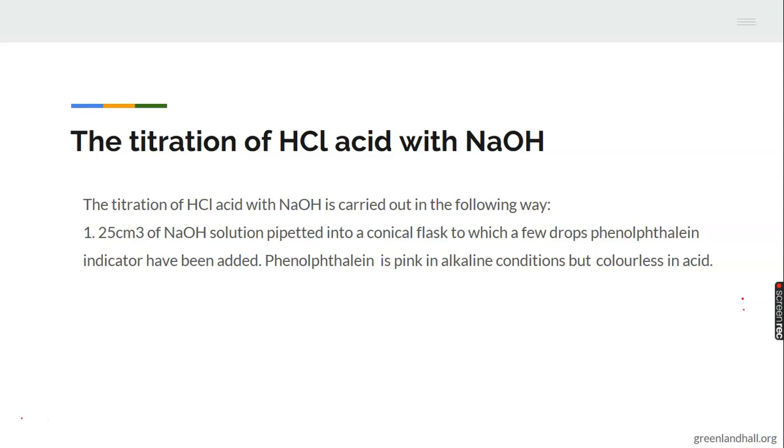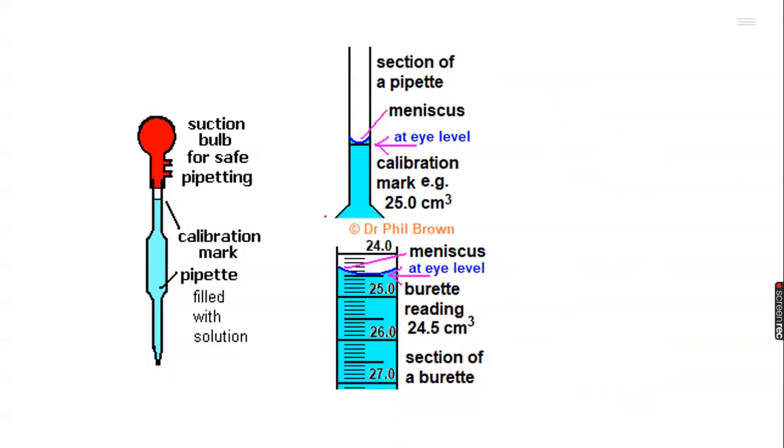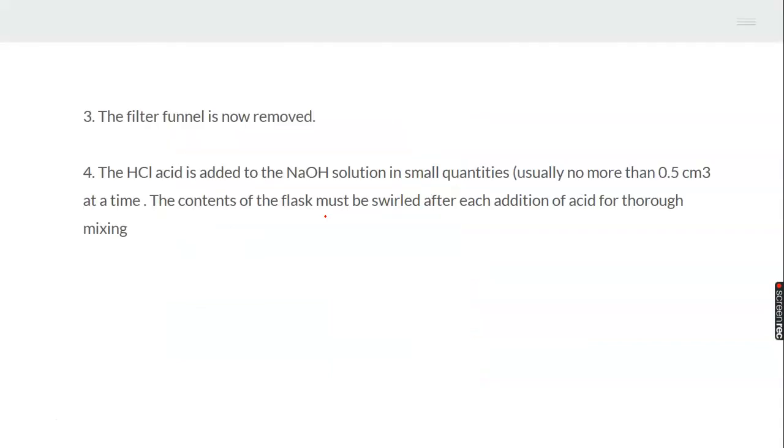Step 2, you fill up your burette to zero mark with 0.1 mole per dm cube of the HCl acid. You have to use a suction bulb, or you use your mouth, but in the case of acid you use a suction bulb.